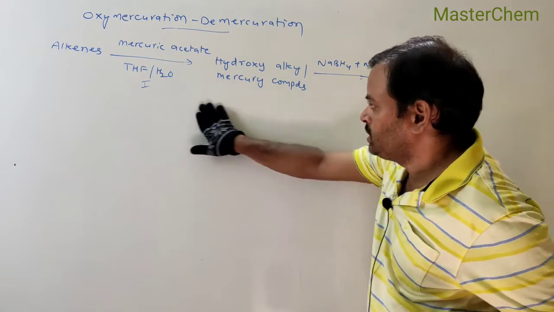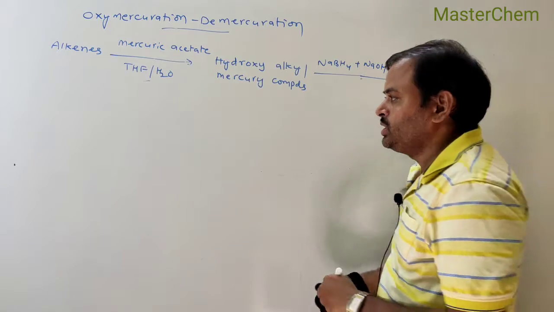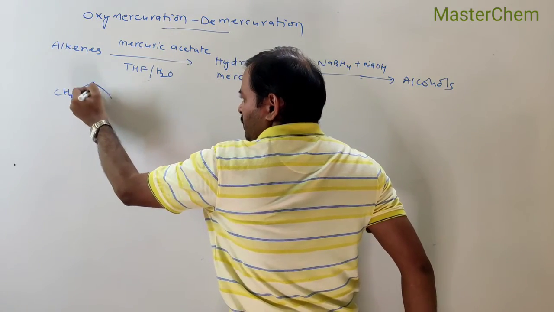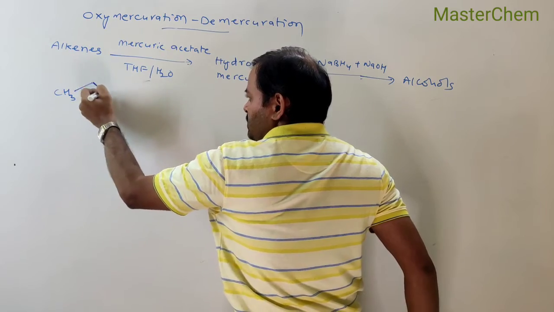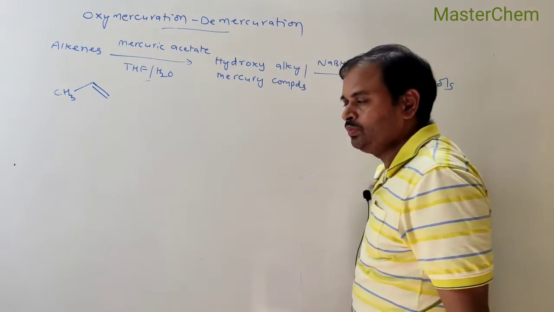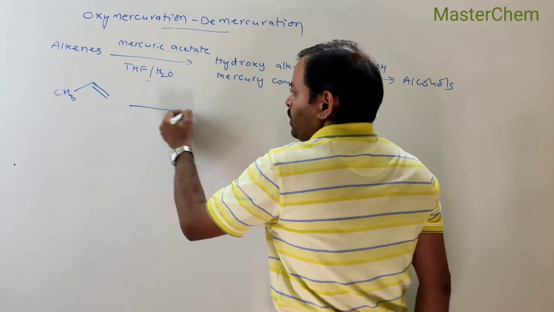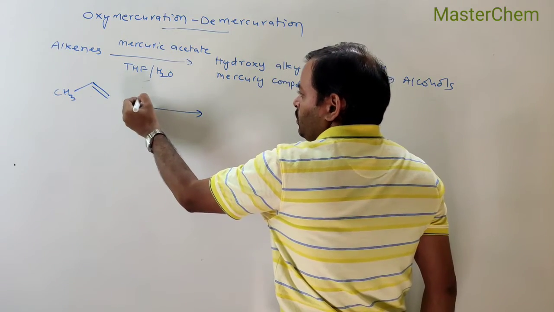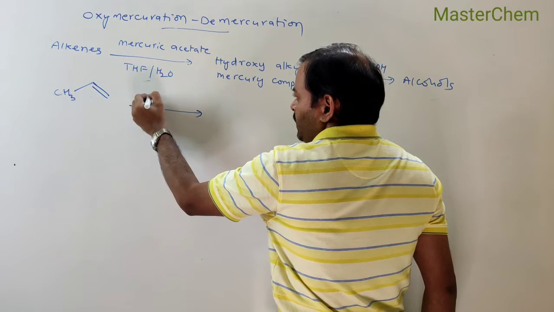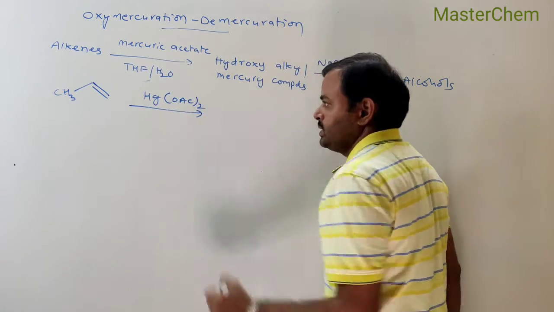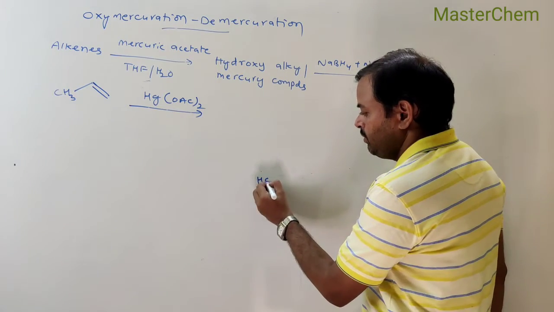So, I will explain this with one example, that is propene, CH3 CH double bond CH2. So, what is mercury acetate? We can write this as HgOAc taken twice, because mercury is bivalent.